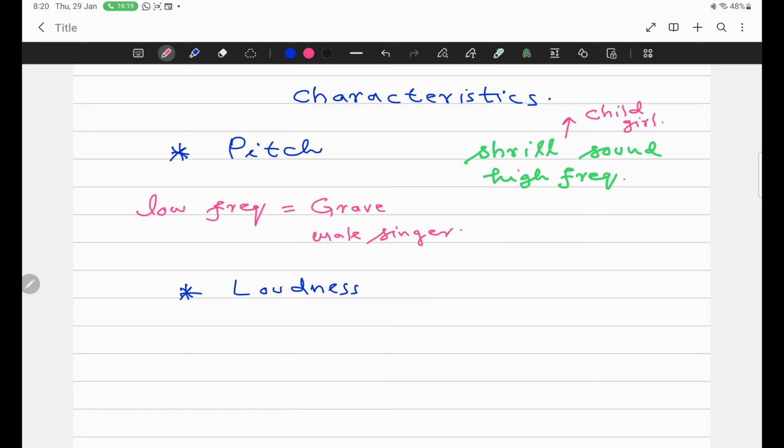When you watch that video, the pitch of sound topic will be cleared. Otherwise, from your examination point of view, you should know, sir, pitch of sound means if the sound is shrill, then it is a high pitch or high frequency sound. If the pitch of sound is grave, a male singer's sound, then it is a low pitch and low frequency sound.